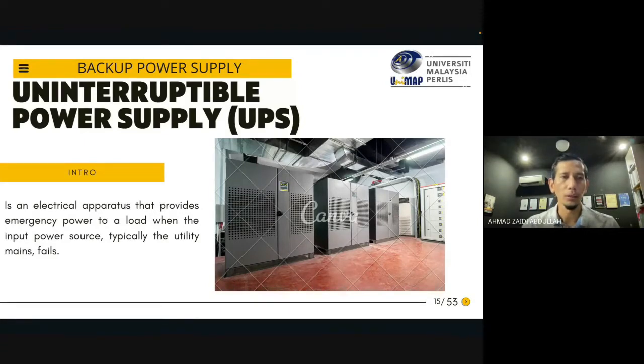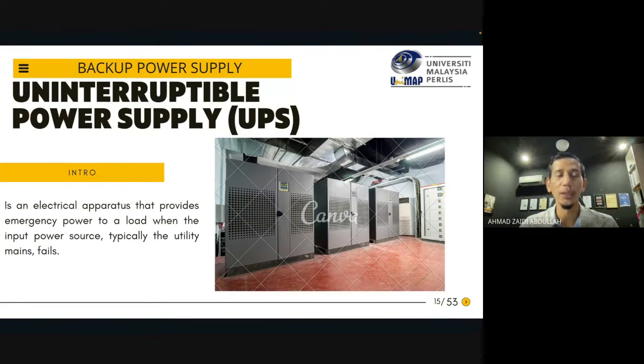Alright, the UPS, if you can see from the picture, this is a sample of the UPS. Maybe you have never seen this UPS, and it is very hard to find. You can't find this UPS like ordinary ones. Later I will show a sample of a small UPS.